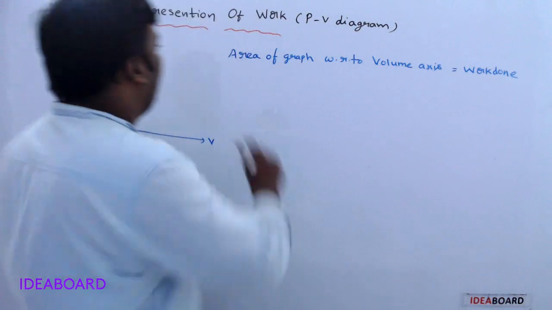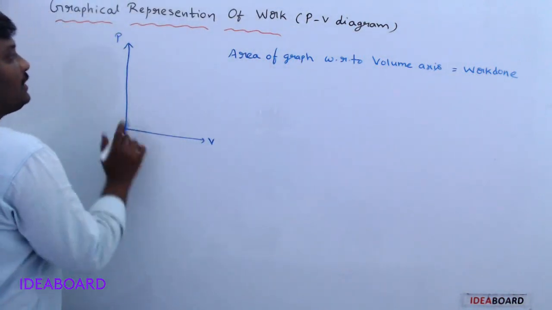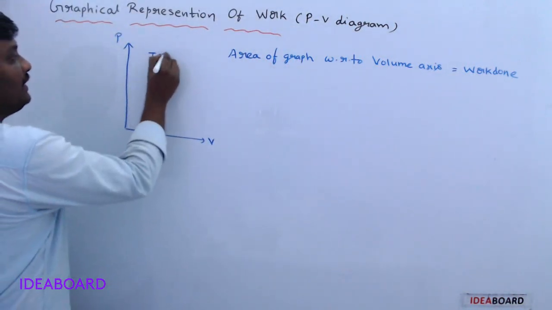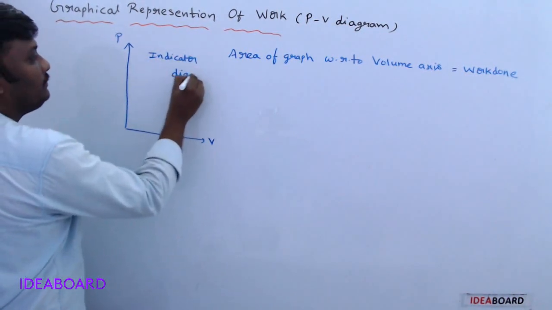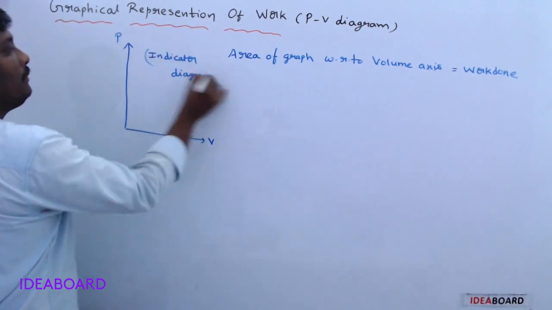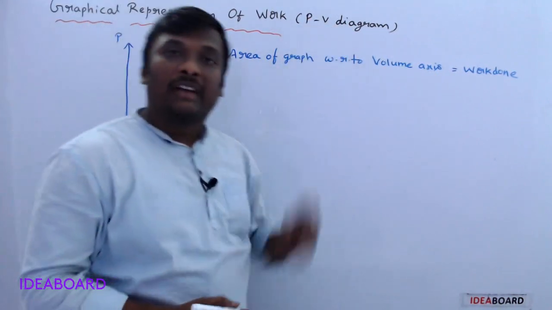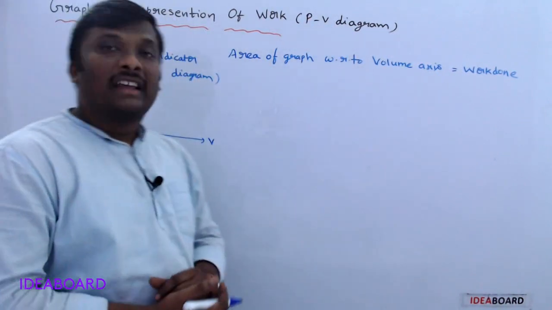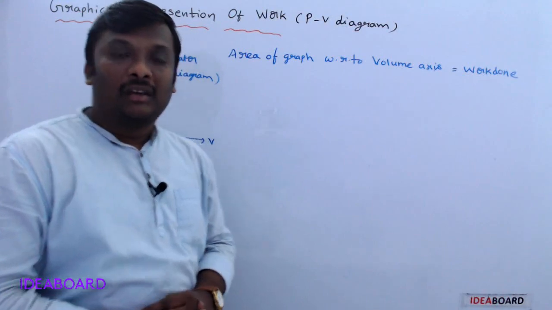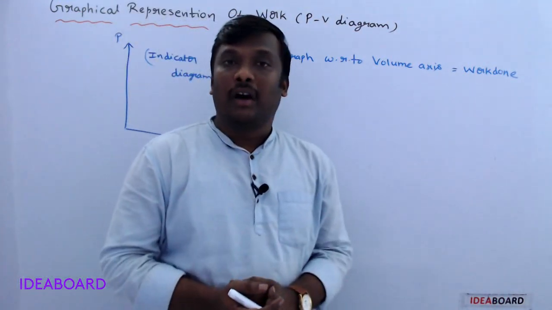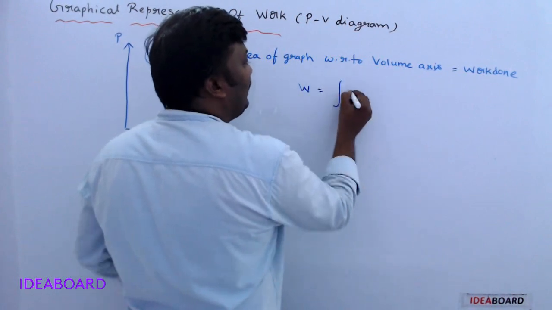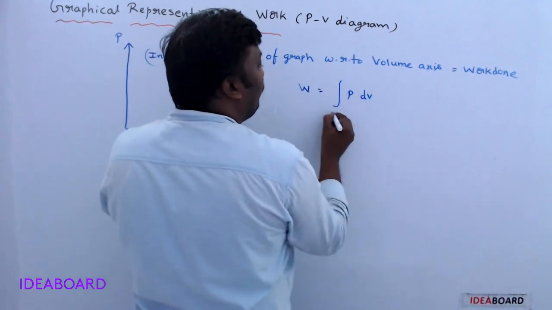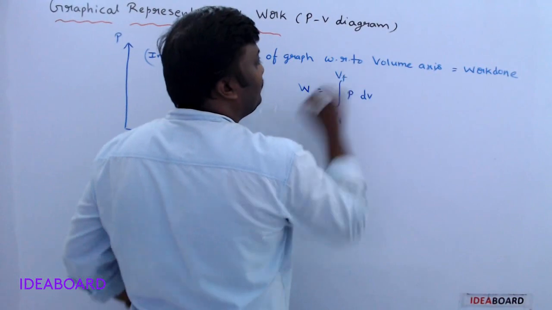Understand? A graph between pressure and volume is named the PV diagram, or also called the indicator diagram. In the previous section, we got a formula for the work done: the integral of P dV from Vi to Vf.